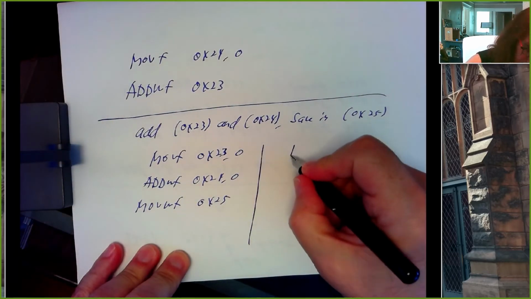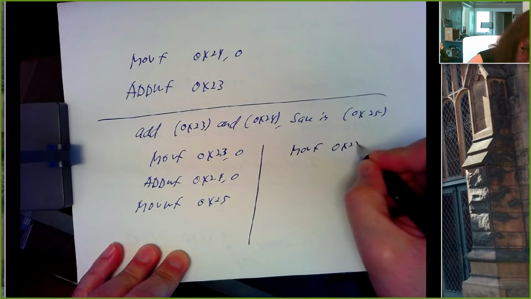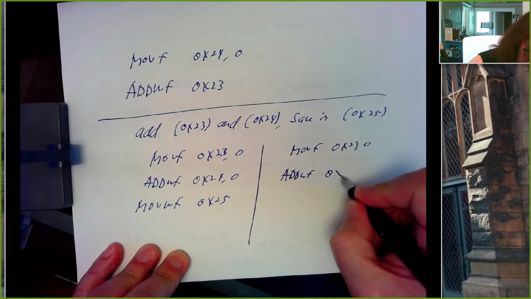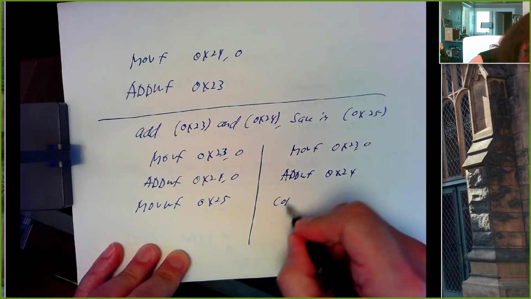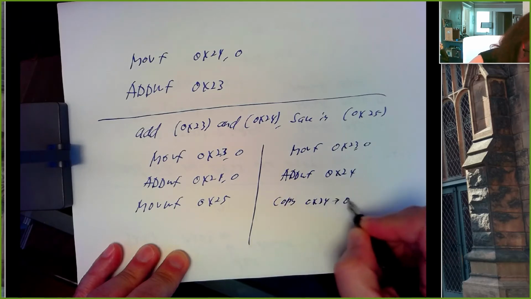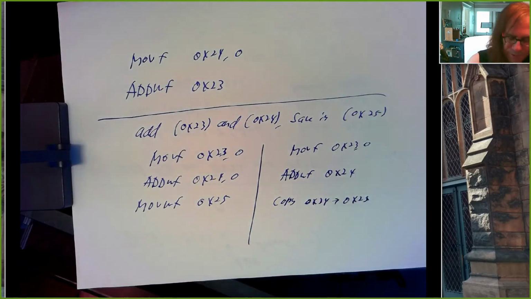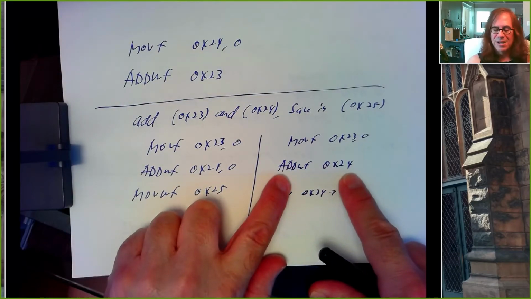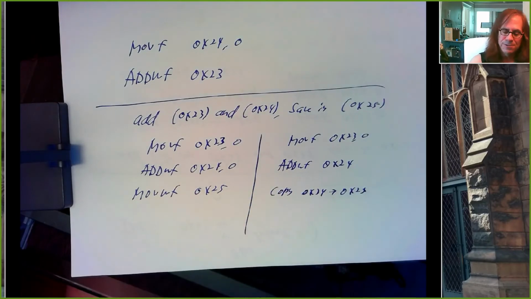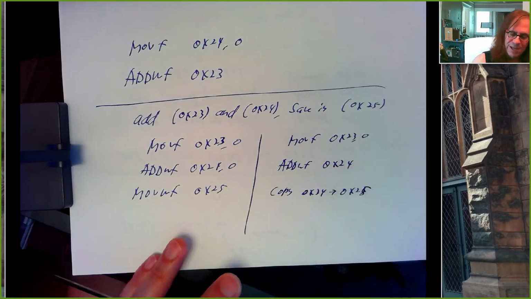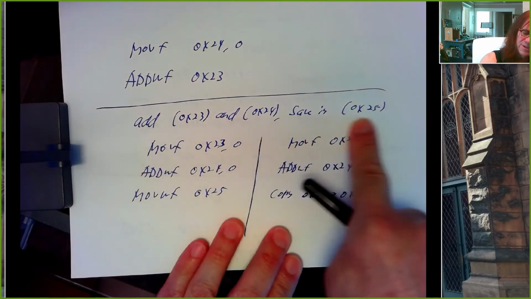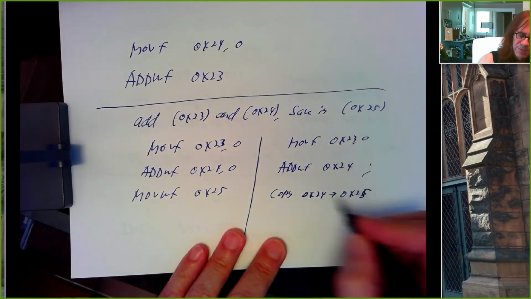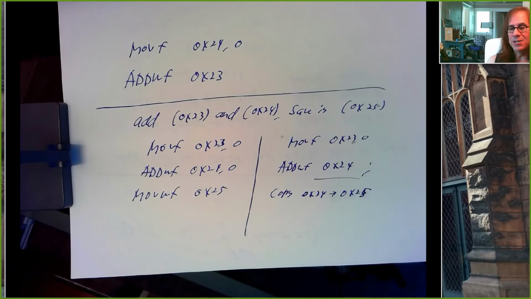So let's do this. Hypothetically, copy 23 into the W register, add the W register to 24 and save the result in 24, and then copy 24 to 25. So the end result would be that we've accomplished this. But there's another effect, a side effect, which is that the contents of file register 24 has been changed.